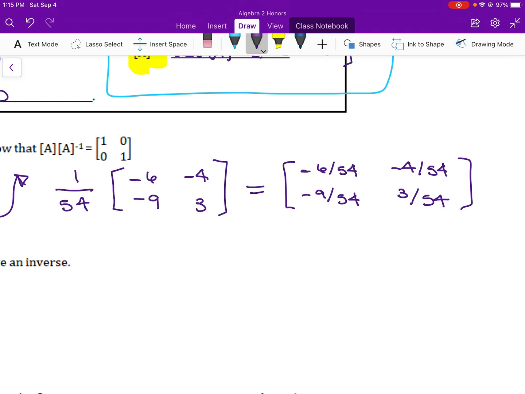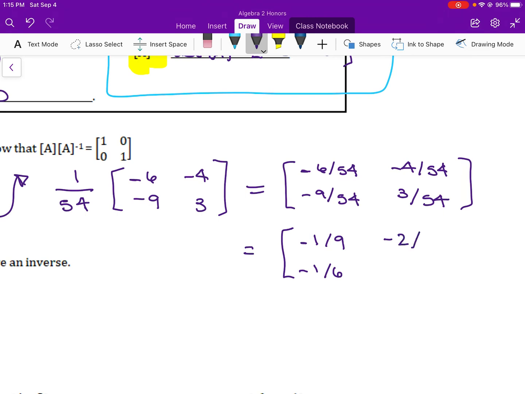And we want to reduce these fractions where we can. So if I go in and reduce my fractions, 6 over 54 reduces to negative 1/9. 9 over 54 reduces to negative 1/6. 54 and 4, that's not going to reduce all the way, but they are both divisible by 2.